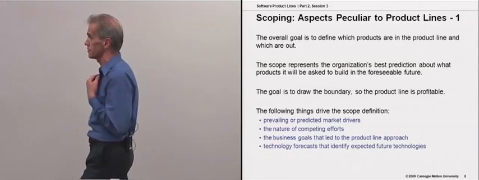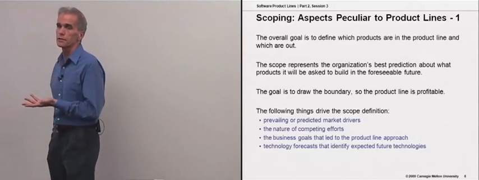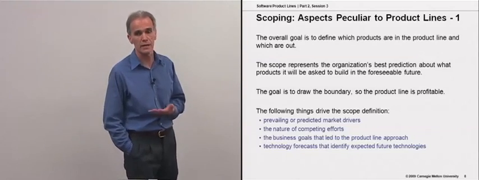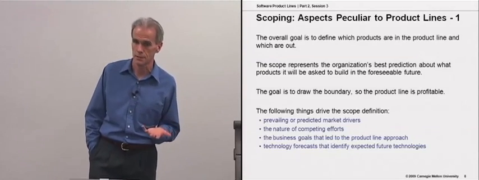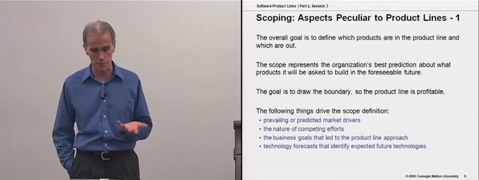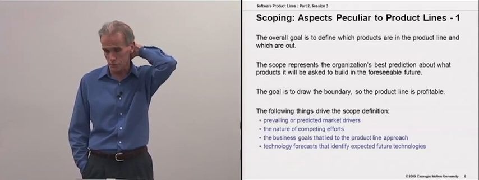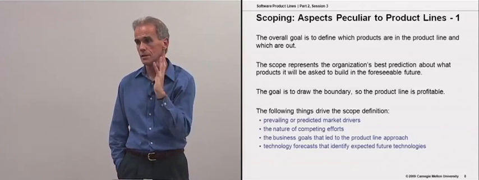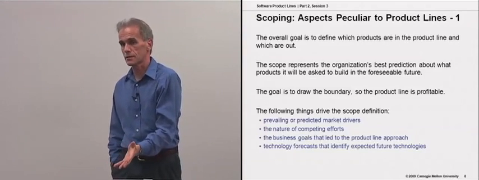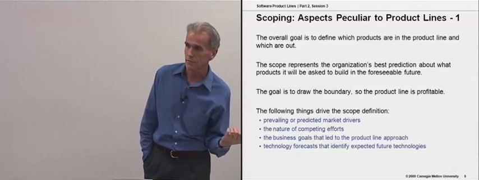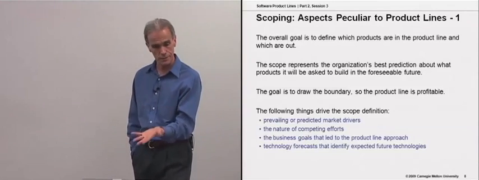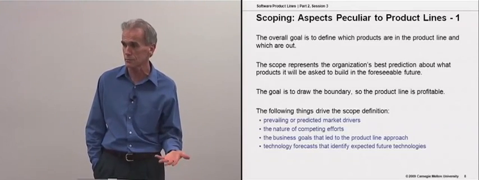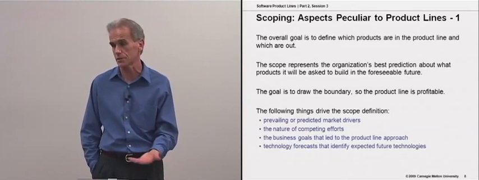So you do need to consider things like, what is the current market looking like right now, and what's our competition doing? One of the worst things you can do in the scoping effort is to go through a scoping exercise, identify a potential set of products, get ready to start designing and coding, and then find out from the marketing or business people that, well, this is all well and good, but our competitor already has these products in the marketplace for half of what it would cost us to develop.